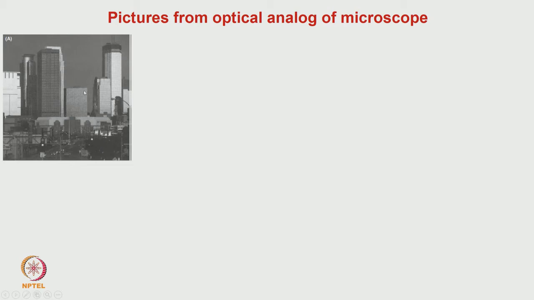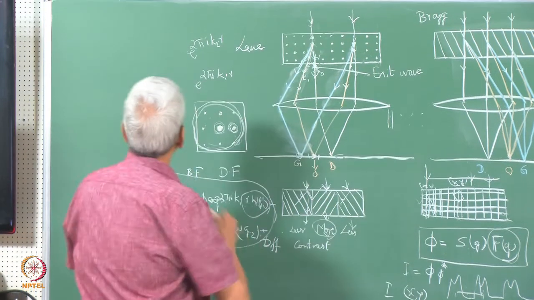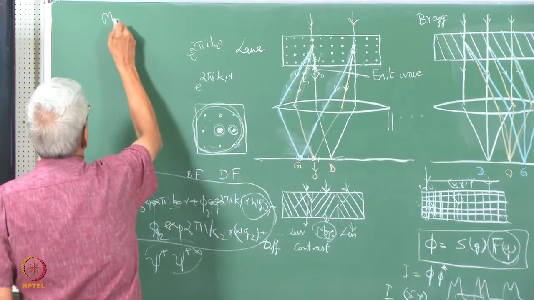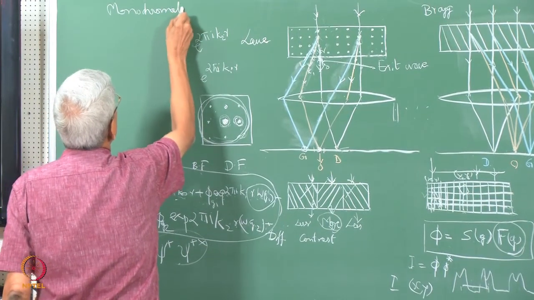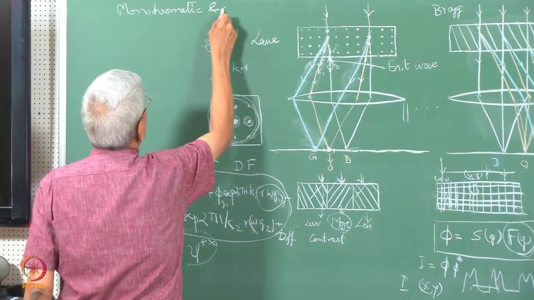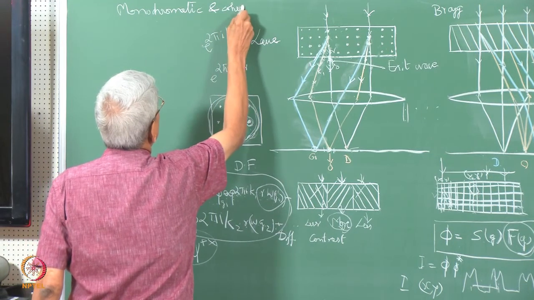In an optical analog, what is being done is that instead of an electron beam, which we use in a microscope, what should be the characteristics of the beam? It should be monochromatic and coherent.